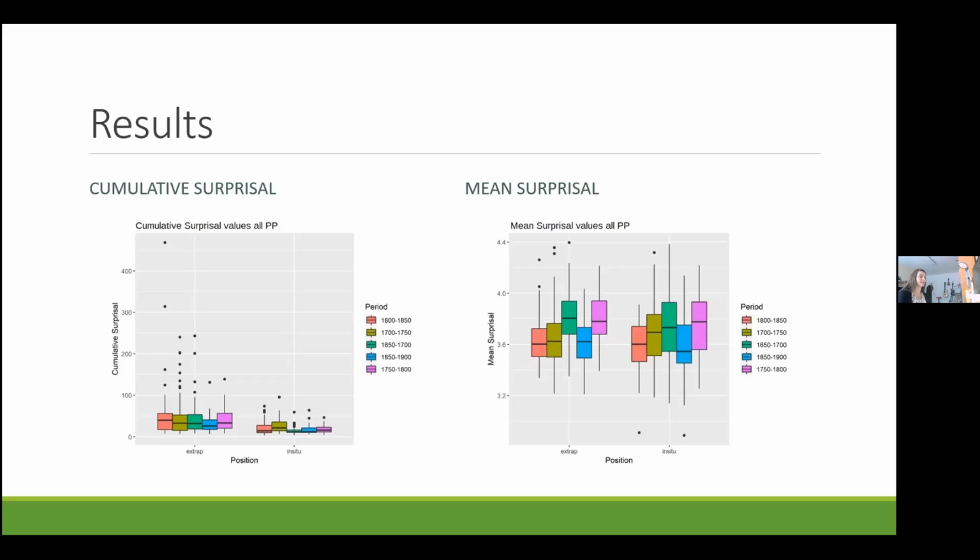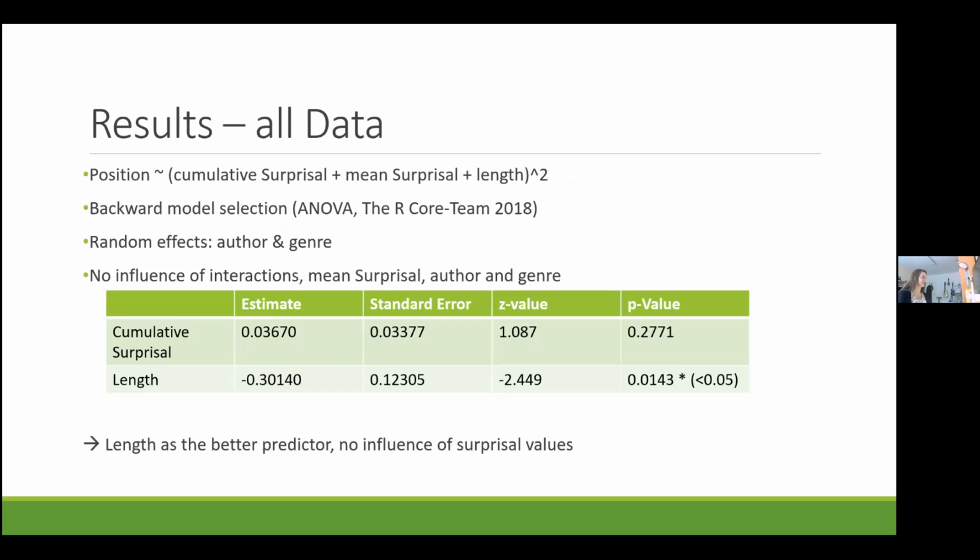So this is where our logistic regression actually helps us. We did it and then used a backward model selection done with ANOVA to see which of the models we get actually explains our data best.